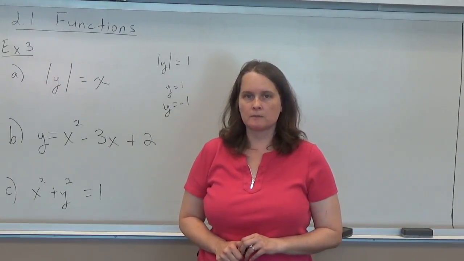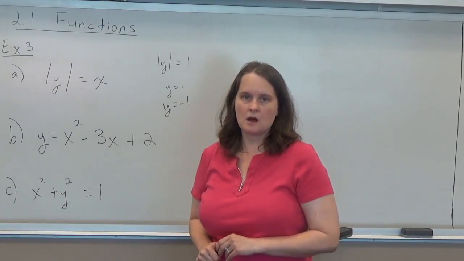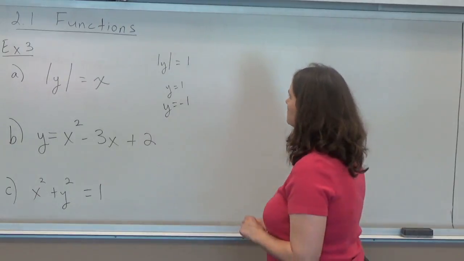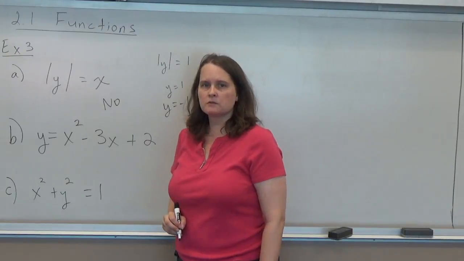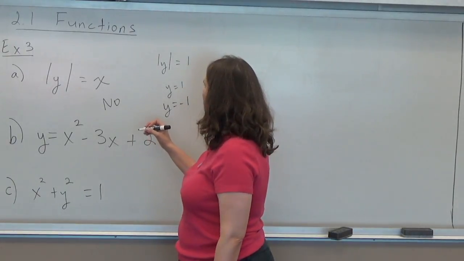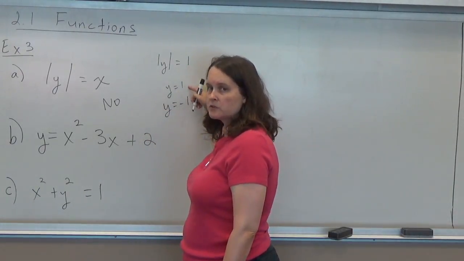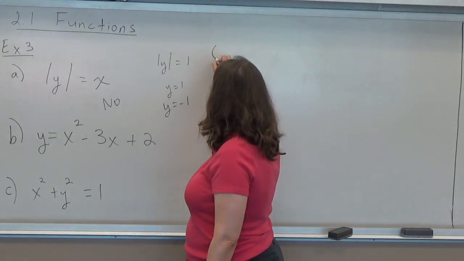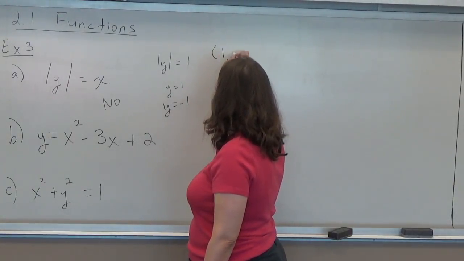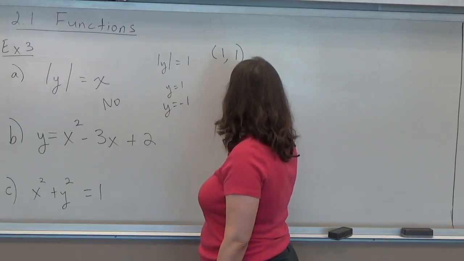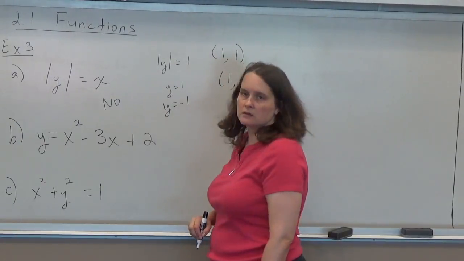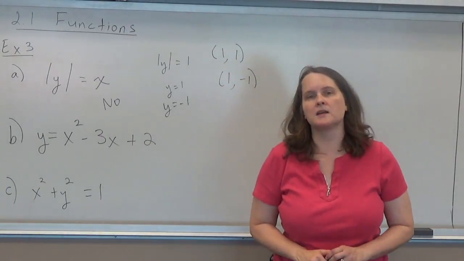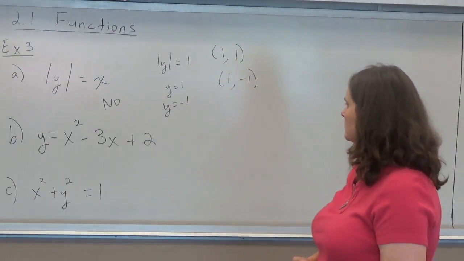Would that be a function? No, it's not. So this one is no. If you want to think of this in terms of ordered pairs, for the numbers that we chose, we got x equal 1, y equal 1, and then x equal 1, y equal negative 1. And so you can see that you've got an x being matched with more than one y value.